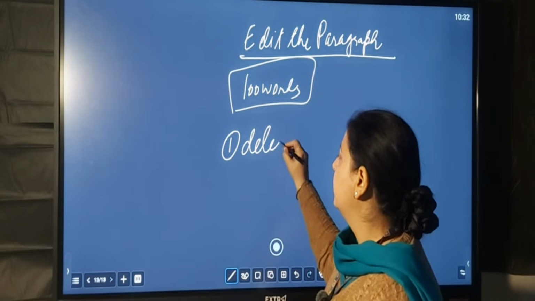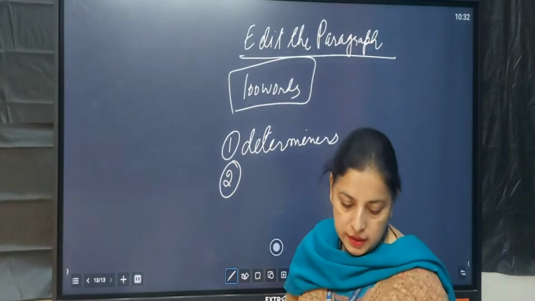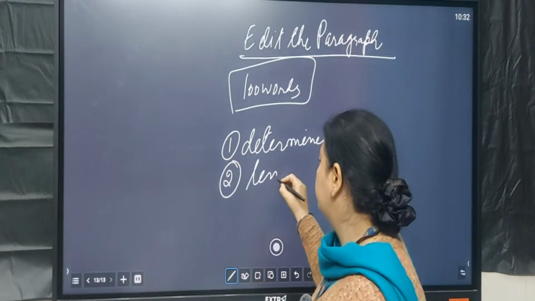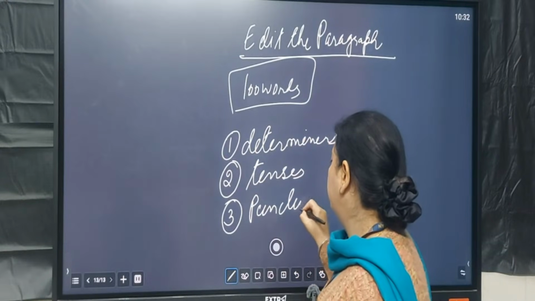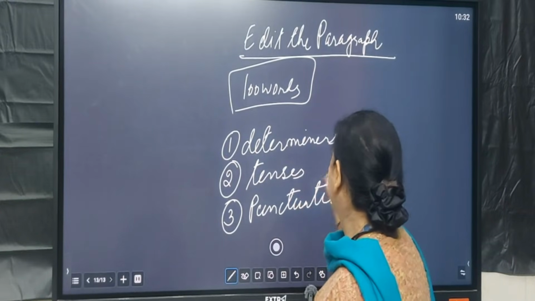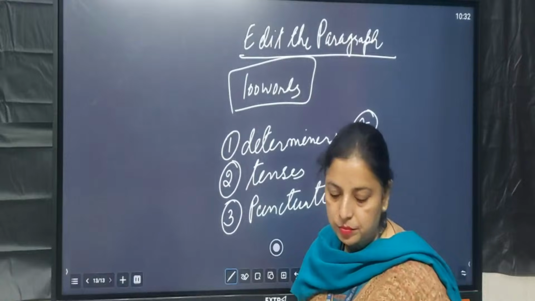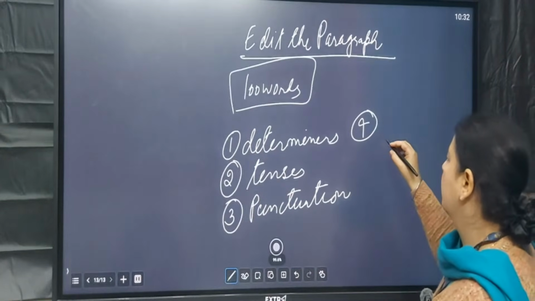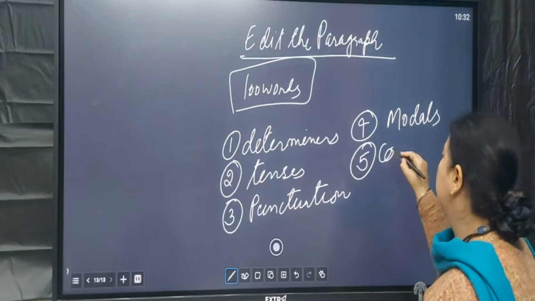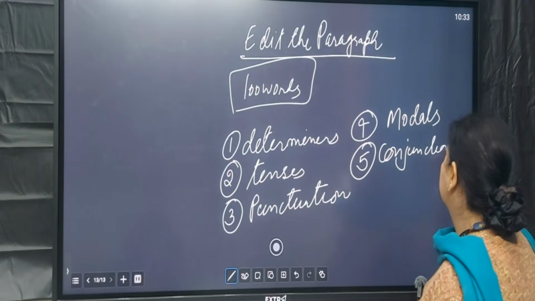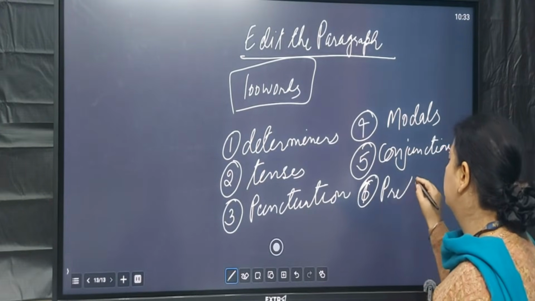One is determiners, second is tenses, third is punctuation, fourth is modals, fifth is conjunctions, next is prepositions.